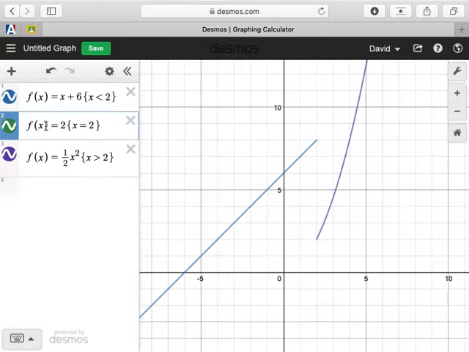So is there any way that I can modify this so I can just graph what I need with this restriction here? I'll let you guys think about it, and then we can try it out. I'll give you guys 20 seconds to see if you can figure out how to make that show on your graph.